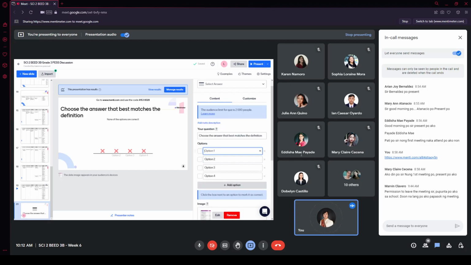Okay, so letter A is light, B is sound, C is kinetic, D is thermal, E is engineer.